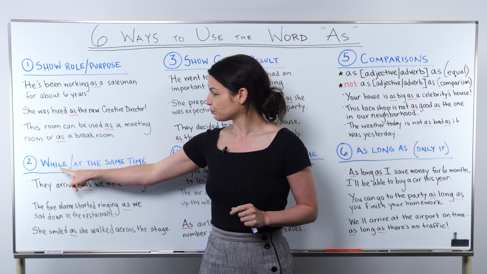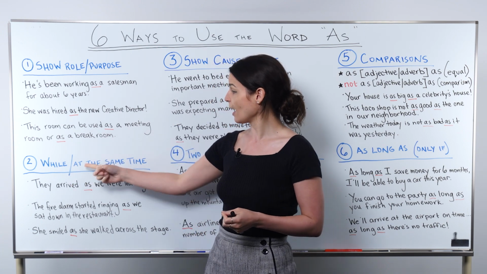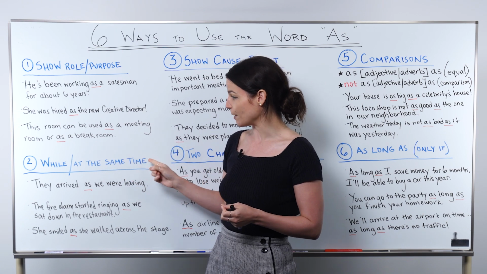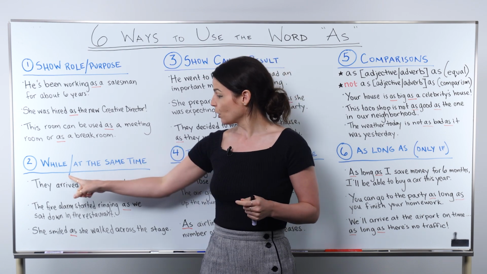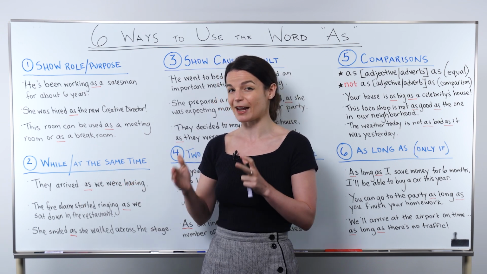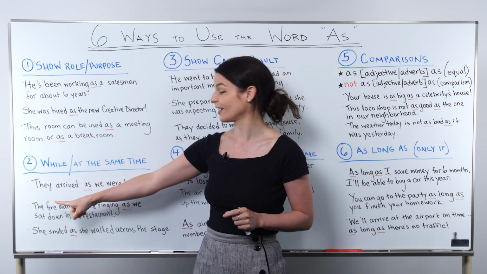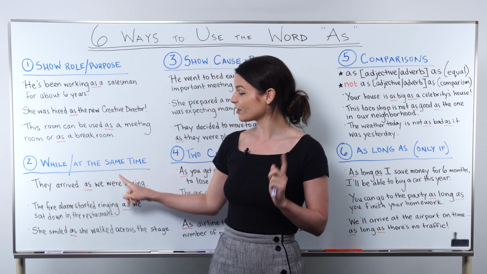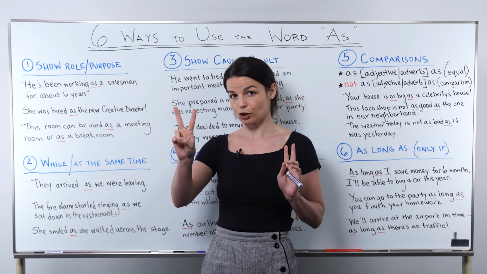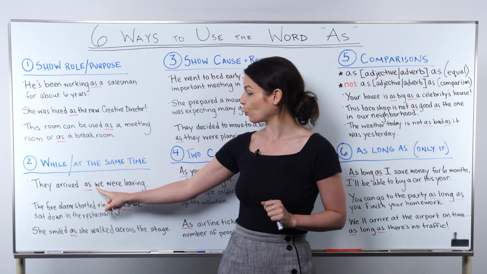Okay, so with this in mind, let's continue to use number 2, which is quite different. Use number 2 is "as" to mean "while" or to mean "at the same time." So in this case, we have 2 things occurring at about the same point in time, and we want to express that. So first example here, they arrived as we were leaving. So these 2 actions are "they arrived," past tense, "as we were leaving."